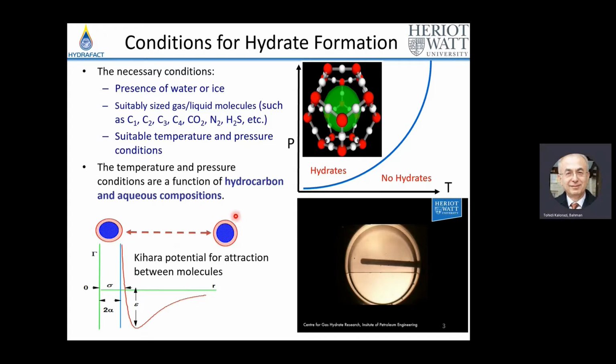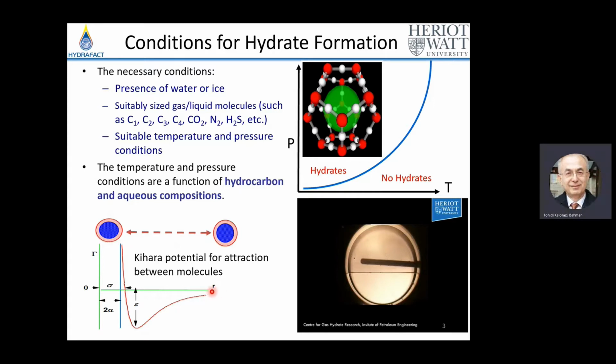For hydrocarbon composition, as you know, two molecules can have attraction toward each other. Here we are showing the attraction, and this is the distance. If the molecules are far away, they have no attraction or repulsion, so the energy level is zero.